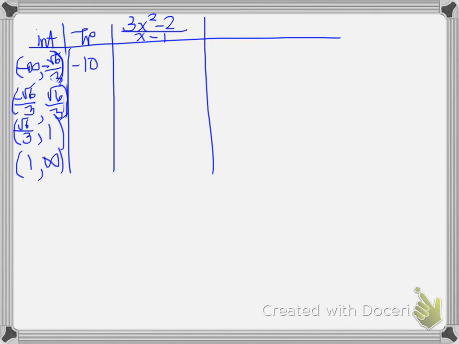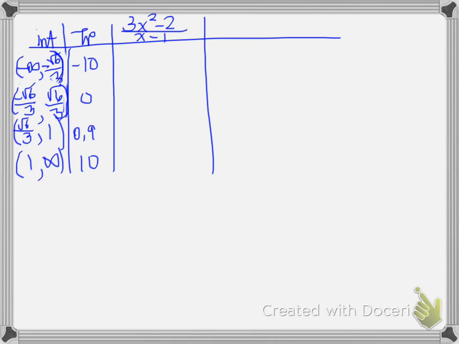Next one, we want from negative 0.8 to 0.8. Hopefully you're thinking the same thing I am. 0. Next, from 0.8 to 1. Well, we're going to have to pick 0.9. Next, from 1 to infinity. So from 1 to infinity, we're going to pick 10.